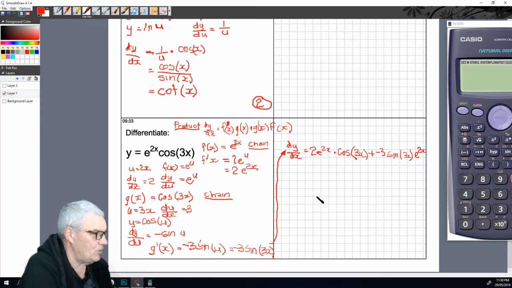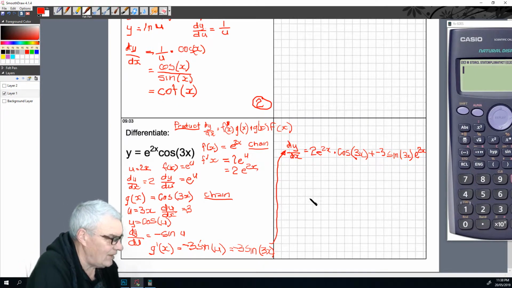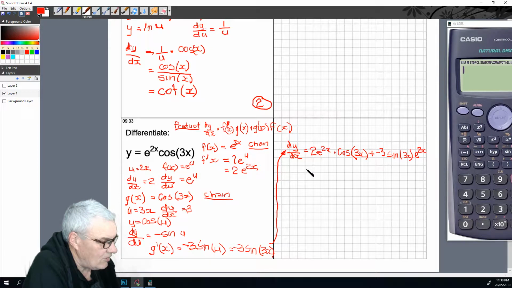Now that would be a pretty good accomplishment to just get there, but I can see that we could factorize that just to make it a little bit simpler. e to the 2x, as you can see, is common there and there.